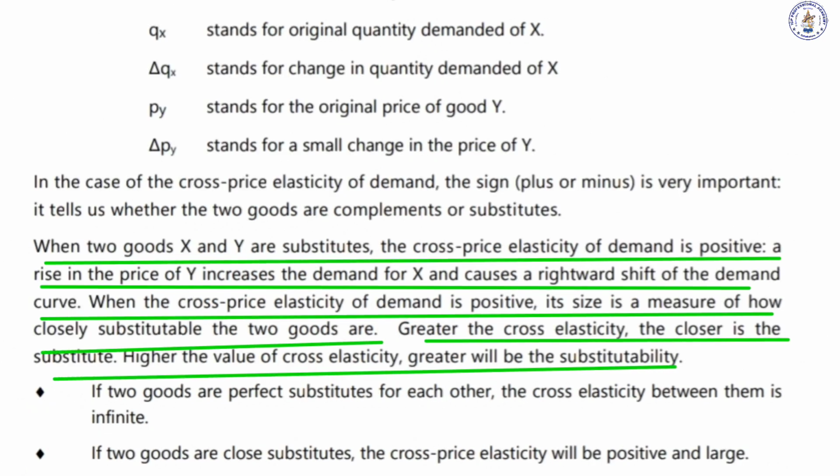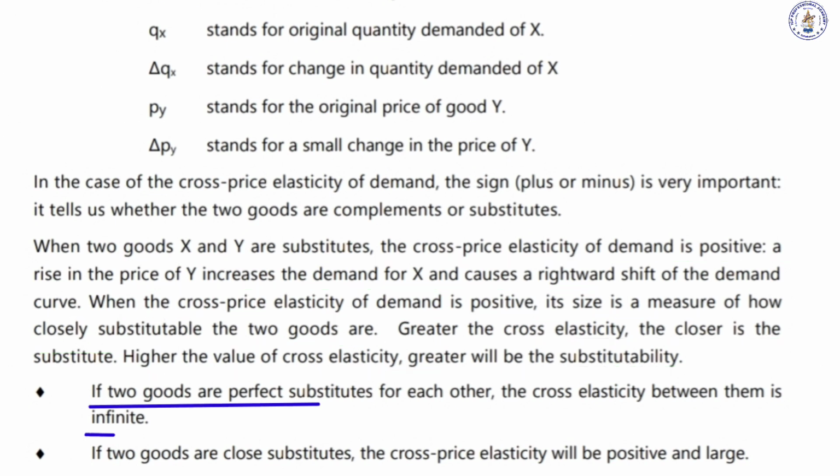If X and Y are substitutes, EC is positive. That is, an increase in the price of Y increases the demand for X and causes a rightward shift of the demand curve. So the closer the substitute, the higher the cross elasticity. If they are perfect substitutes, then elasticity is infinite.